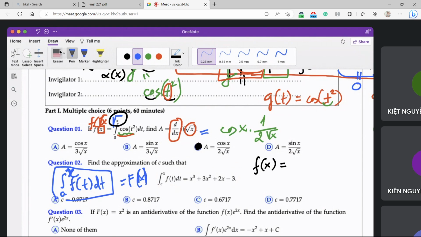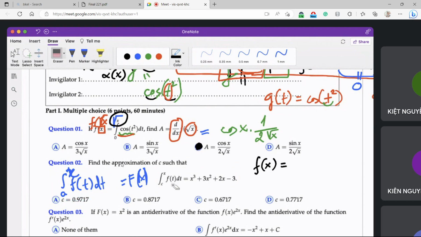Problem 2. So here we have to find f of t first, right? F of x first. So I want you to answer my questions. What is the relation between my function f of x and my function small f, lowercase f, and uppercase f? So, what is the relation between them?